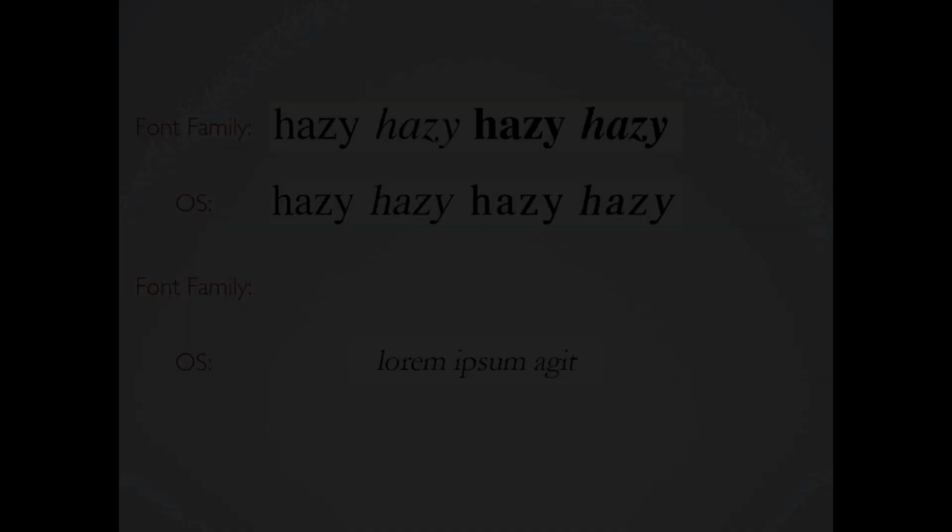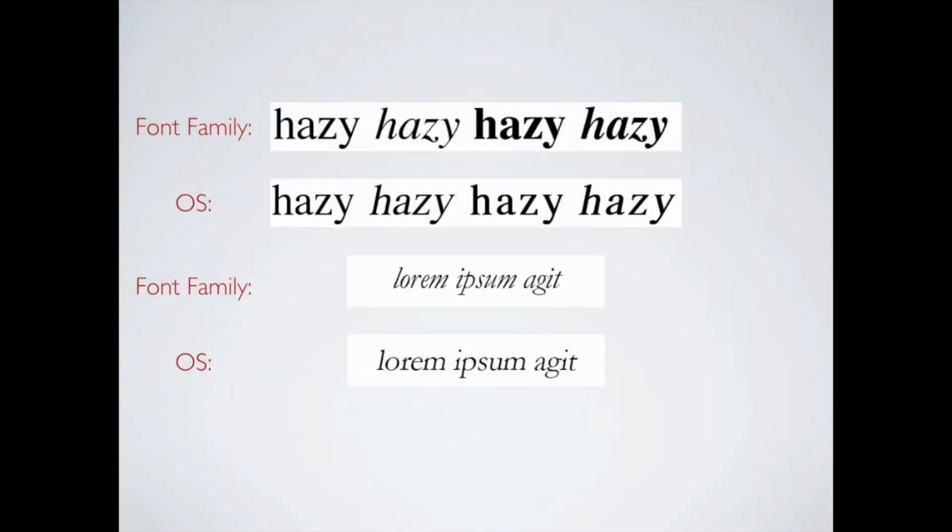The same thing happens when we look at the font family's italicized version. The style is a little bit nicer. It looks a little bit better because the typeface designer actually designed the style. So how do you get to these styles? Sometimes it's automatic. Sometimes your operating system knows to just substitute in the typeface style when necessary.